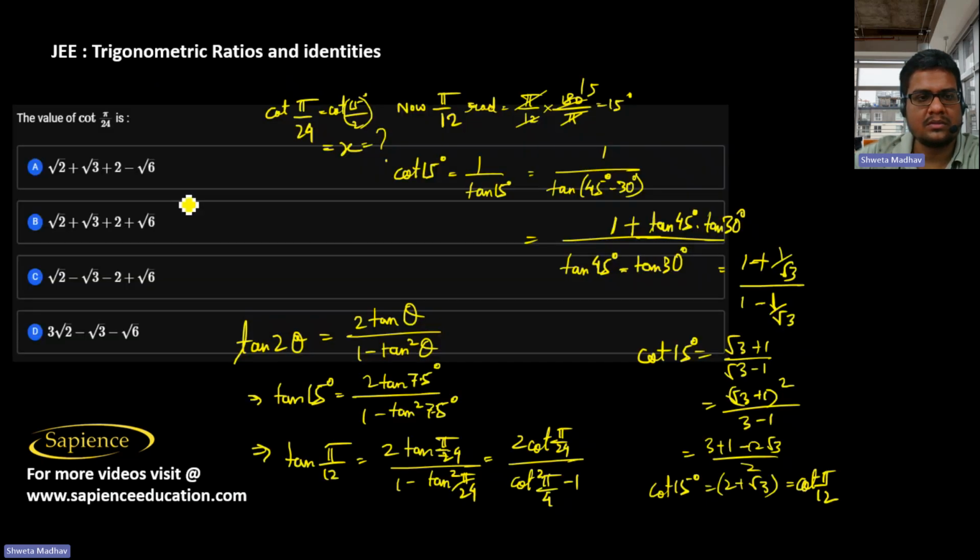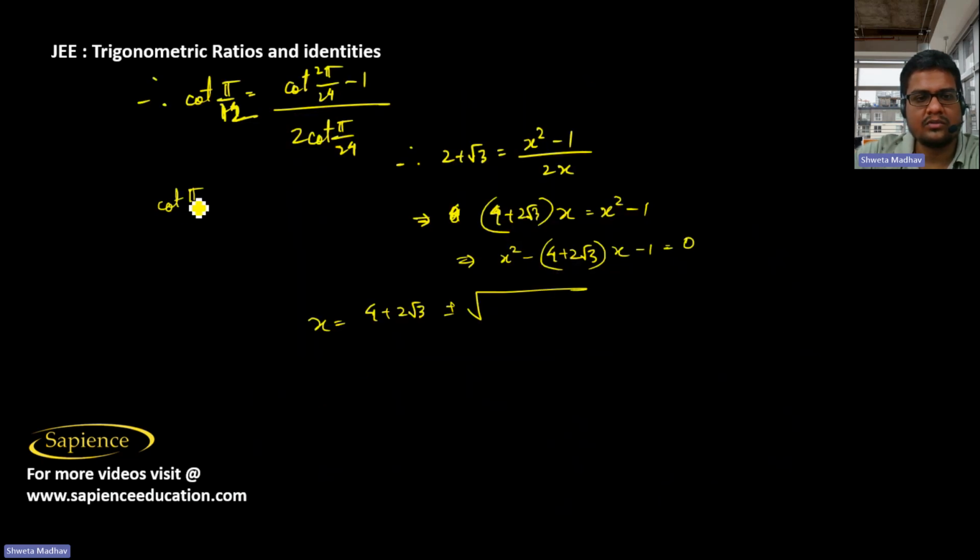Now cot pi by 24 should obviously be more than 0. Since cot pi by 4 is 1, cot pi by 24 can be more than 1 also, but it should be more than 0 obviously.